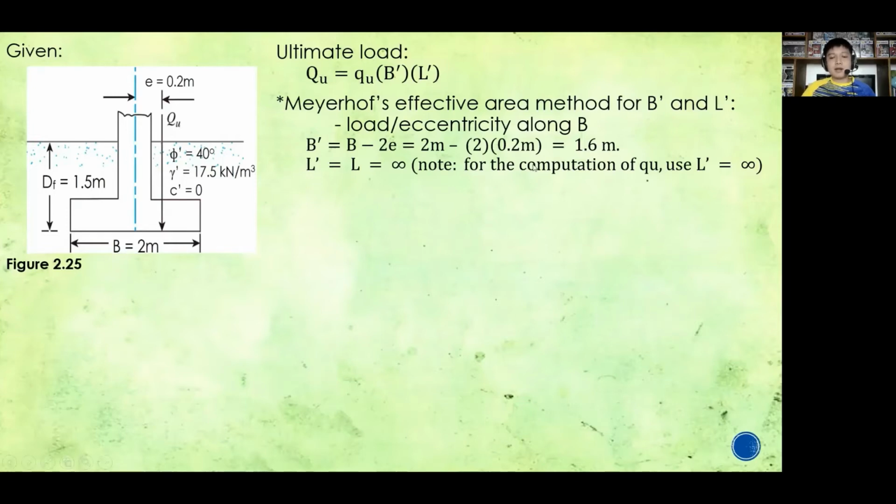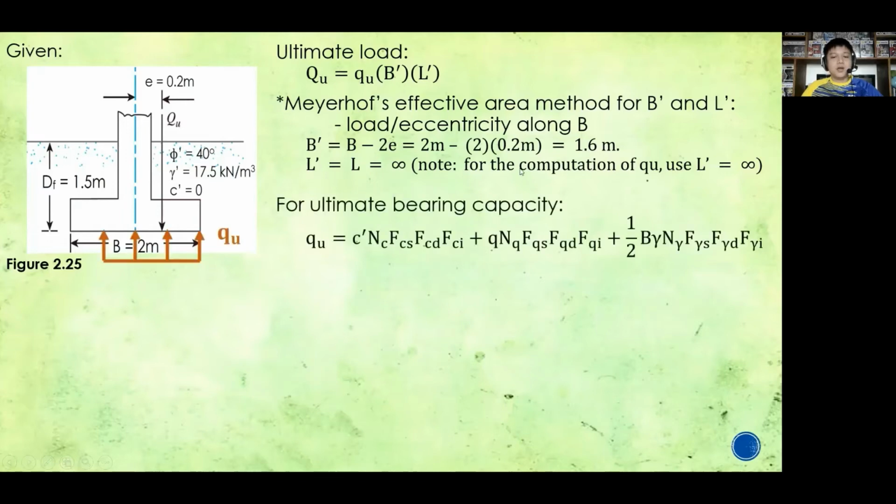So comparing B prime and L prime, the value of L is indeed greater than that of B minus 2e. Thus, B prime remains 1.6, L prime as infinite. For ultimate bearing capacity, use the general bearing capacity equation.